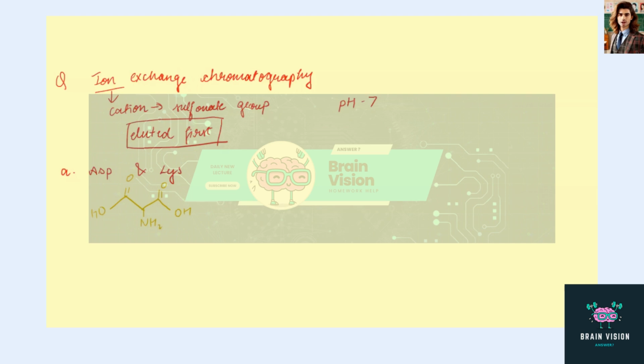And when it comes to the structure of lysine, what do you have? You have this O here, OH here, this is your carboxyl group, NH2, this is your amine group, NH2, right? Now, to see the net charge, we have to know the pKa values of these functional groups. Here for this, the pKa value is 3.65.